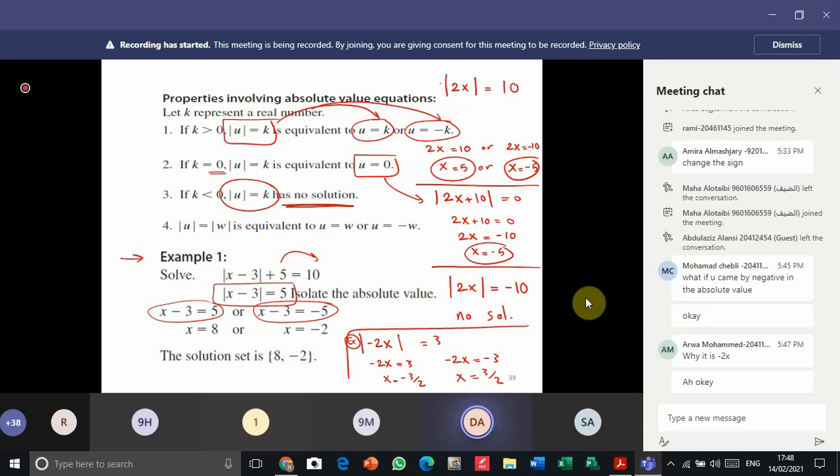I don't know the value of x. So how can I find the value of x? Put it inside the absolute value. For example, minus 2x equal 3 and another solution equal minus 3 to find the value of x. This is an equation, not a number. If I know the number, for example negative 5, directly 5. This is a number, not an equation.